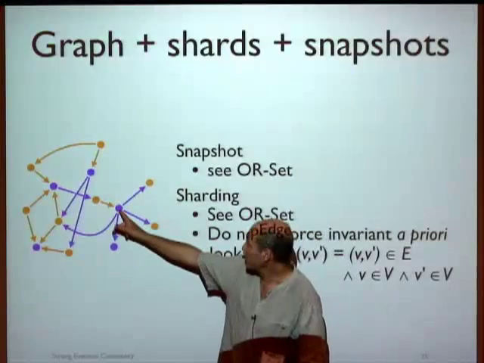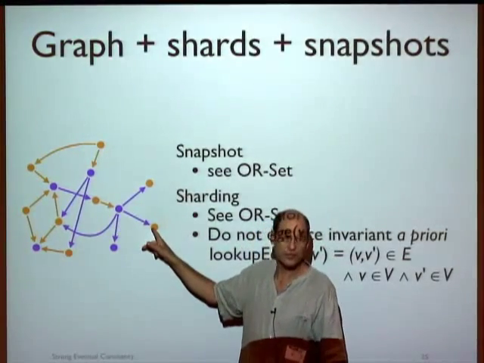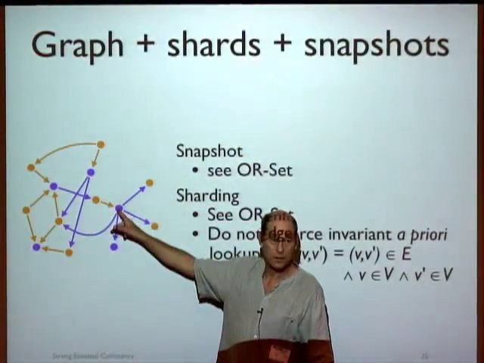So yeah. The shards will have replicas on the edge. So you might have this vertex in one shard and this vertex in another shard. Do you both know about the edge? No, only this one does. How does the edge exist at all?